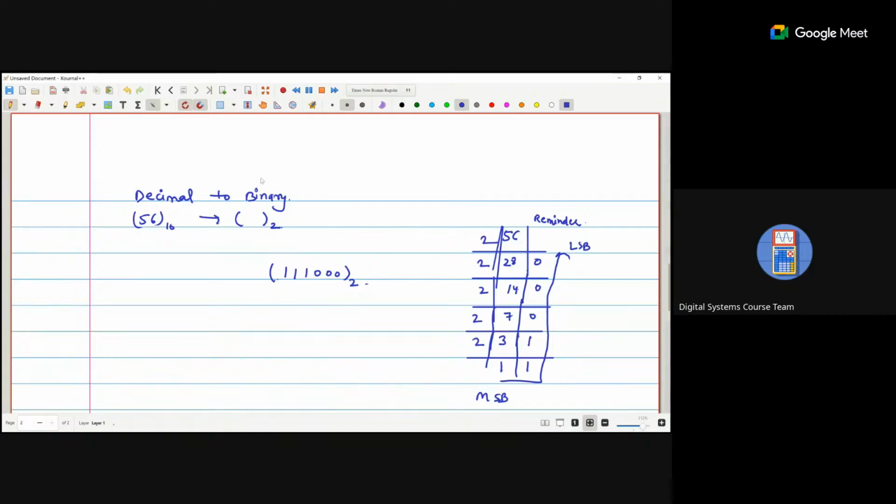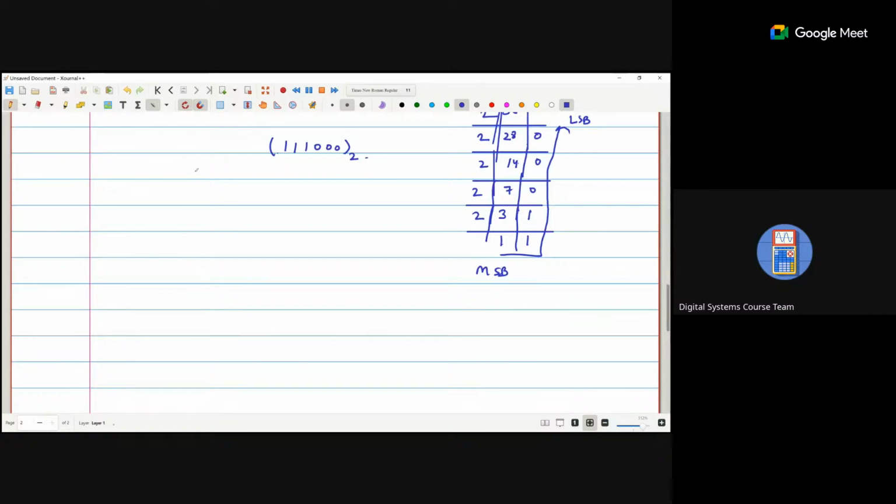In the same way, we can convert 129 base 10.